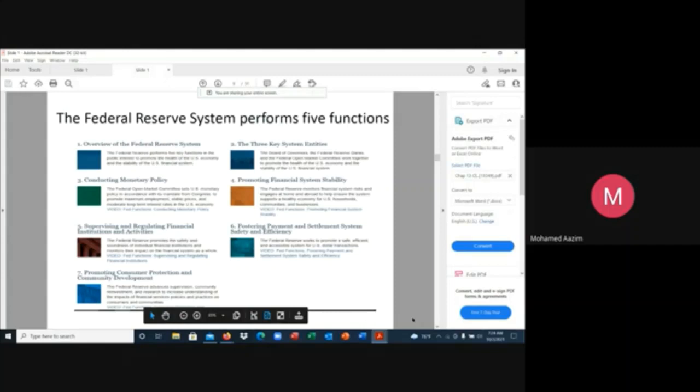So there are various policies and structures that they introduce to make sure that US banks operating in the rest of the world function efficiently and bring value to the US economy.